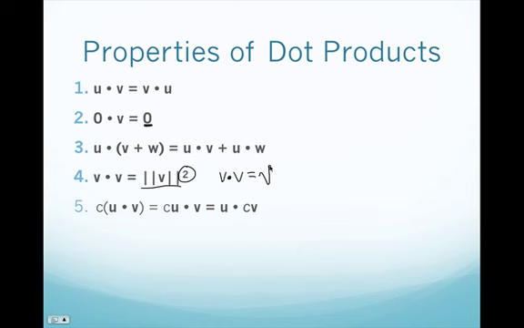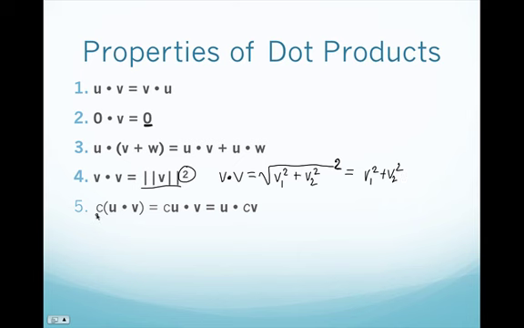And if you remember, you find the magnitude by taking the square root of the sum of their squares, so v1 squared plus v2 squared. And it will result in this being squared. So when we do that, we end up with the dot product of v with itself being v1 squared plus v2 squared.